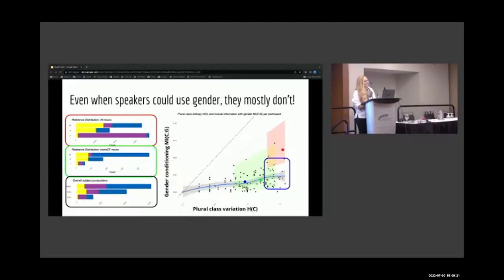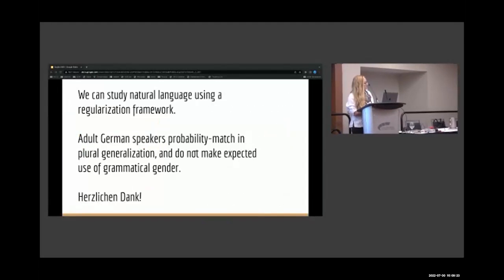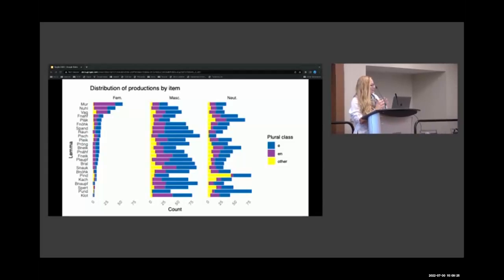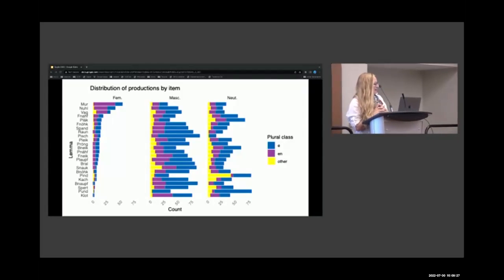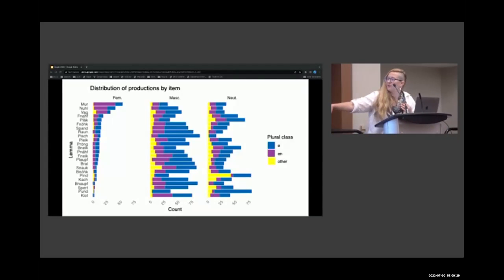Right. That is a good question, which I will really quickly answer by giving you this distribution over each item. So here for each item, by breaking out by column, you can see how many speakers assigned each gender to each noun.